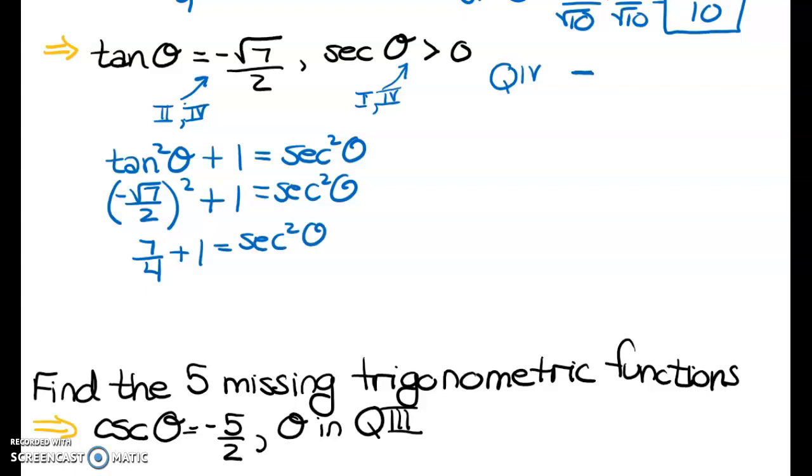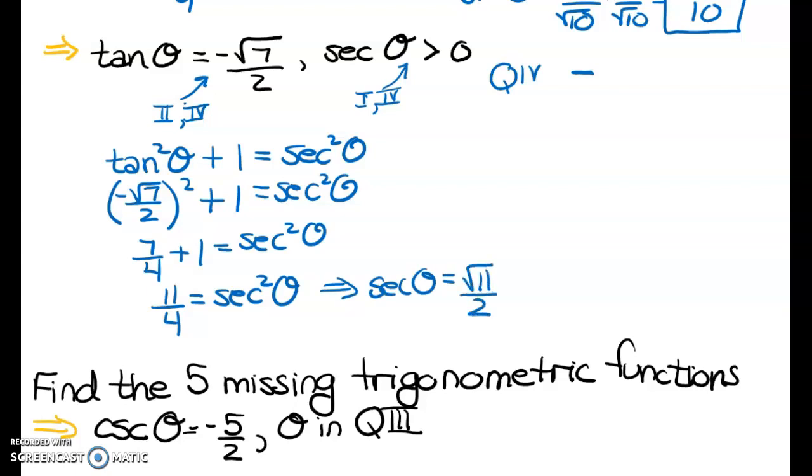And now when I combine those, I'm going to get 11/4 equals secant squared. Secant in quadrant 4 is going to be positive, so when I take the square root, I'm going to get a secant that is radical 11 over 2.